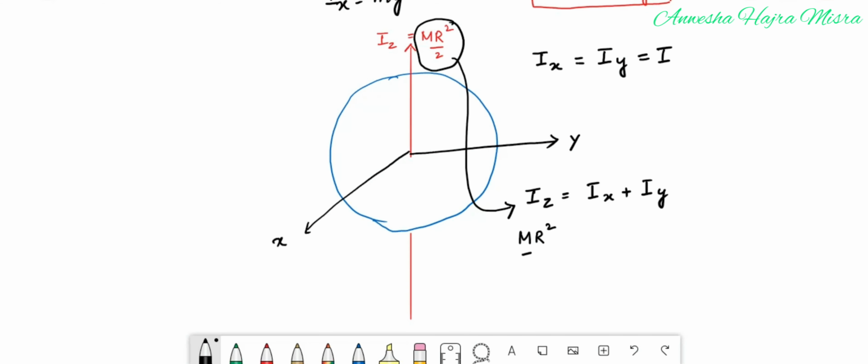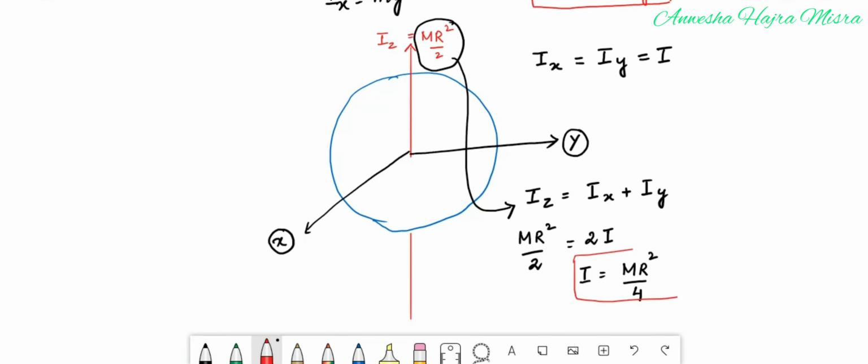Mr square by 2 is twice I. Therefore, the moment of inertia about this axis I is mr square by 4. About the x or the y axis is mr square by 4 for a disk.